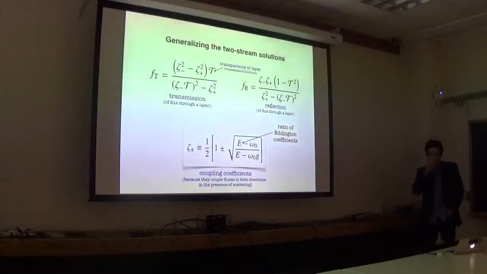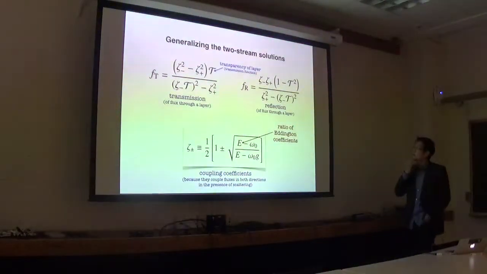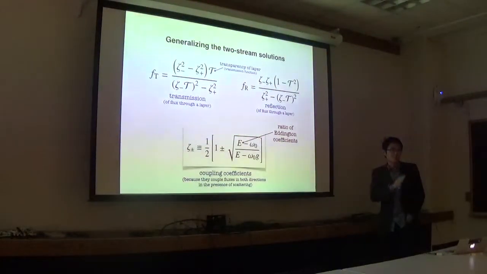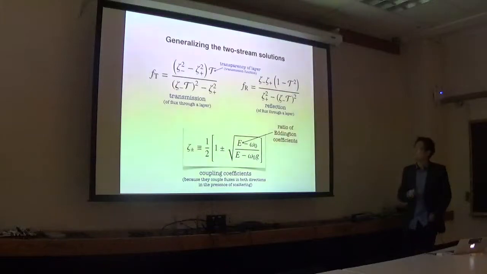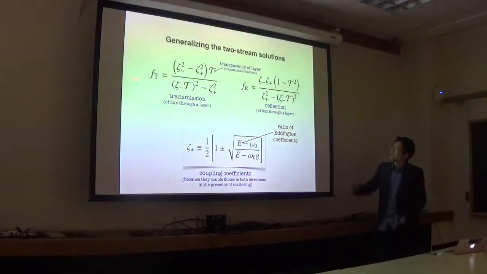I would like to talk about generalizing these solutions now. Sorry it took so long to get there. I would like to forget about black body emission and concentrate on transmission and reflection of flux through a layer. In the two-stream solution as I've written it, these are the expressions: this is transmission, and this is reflection, and they depend on three dimensionless numbers.